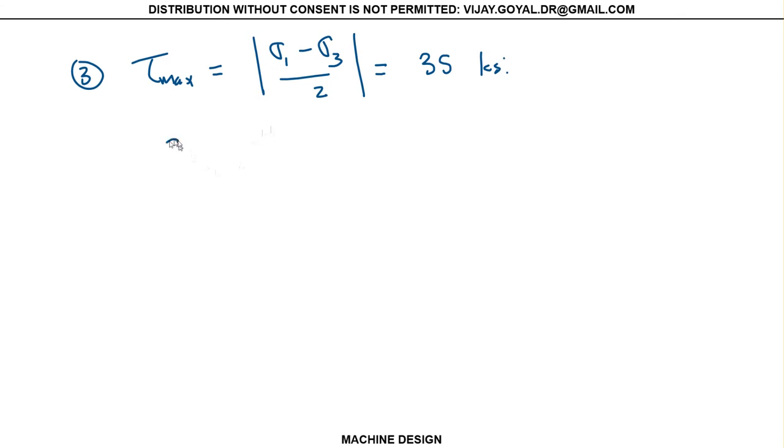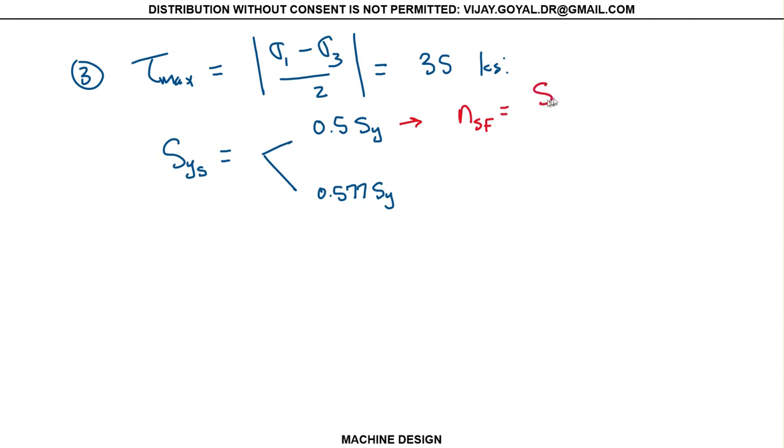So now I need to find my shear yield stress. I got two ways to do the problem. First one is assume this is half of sigma yield, or assume that this is actually sigma yield divided by square root of 3. Okay, so if I did this one, I find that my factor of safety is equal to sigma yield in shear divided by my tau max, and that gives me 50 divided by 35, and that would give me 1.429.